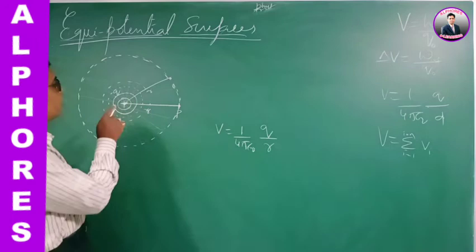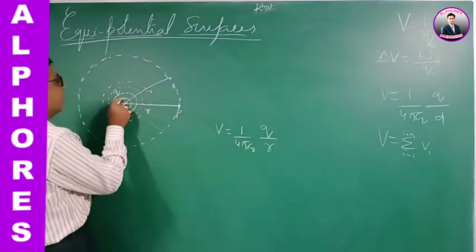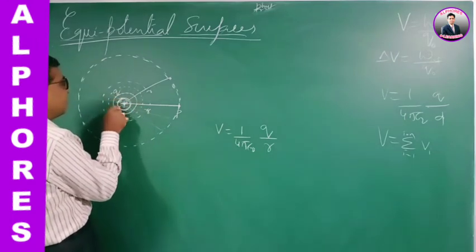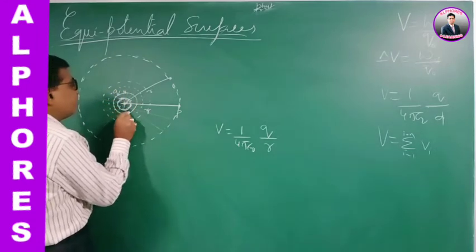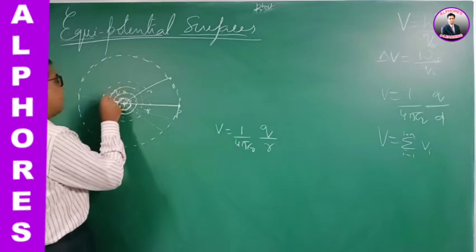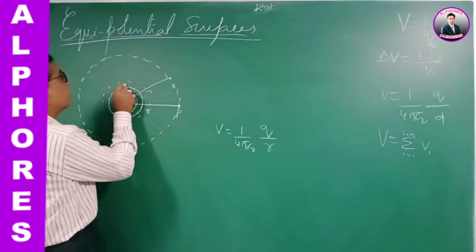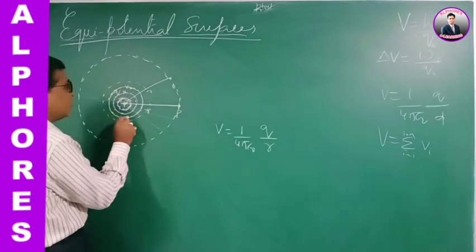Each one has its own potential. Suppose this is the charge. The first layer potential is V1, so at all these points the potential is the same V1. Another spherical layer like this has potential V2, and at all its points the potential is V2.